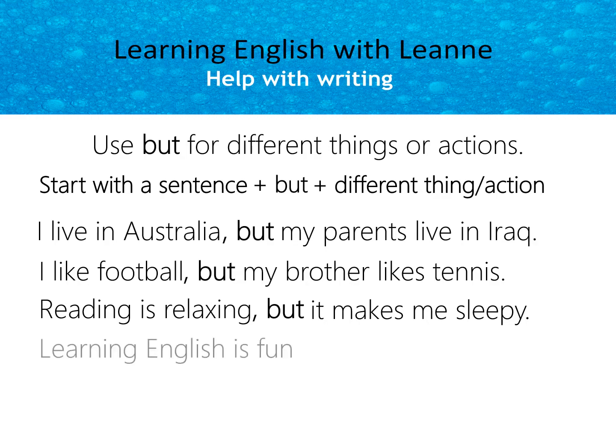One more example for you. Learning English is fun, a good thing, but writing is difficult. So a not so good thing about learning English. One thing that you'll see that's very important, when we use but, we have a comma. To show something different is coming, we must have a comma before but.